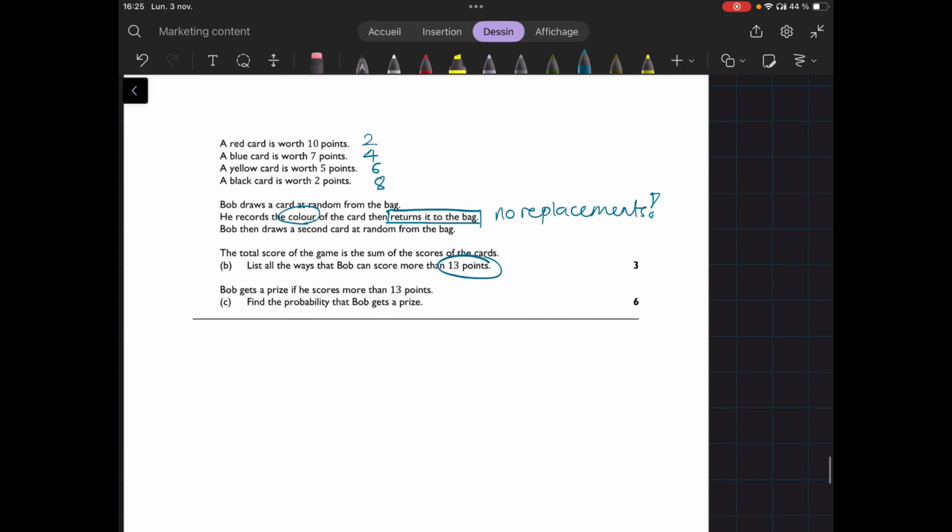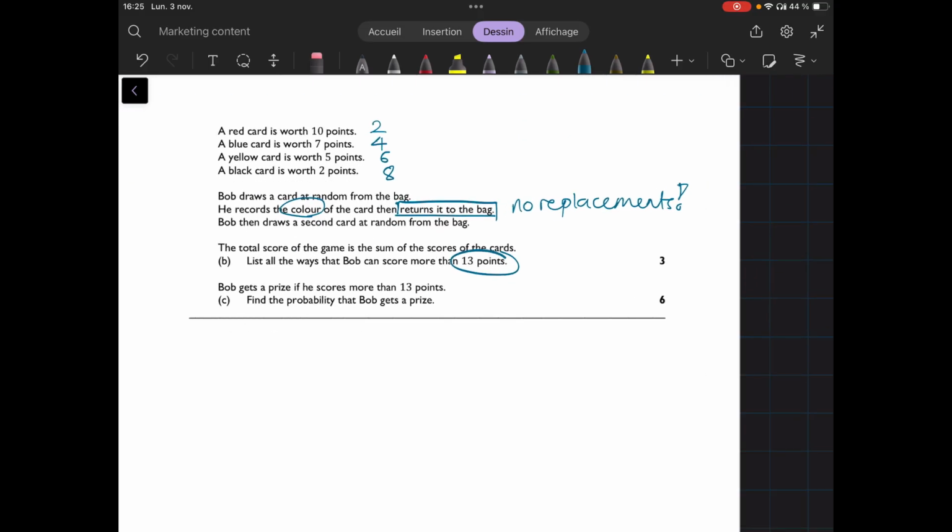Okay, so he can do red, red. That will give him 20. Red, blue. That will give him 17. Red, yellow. That will give him 15. Red and black will give him 12, so that doesn't work. Blue, blue. That will give him 14.